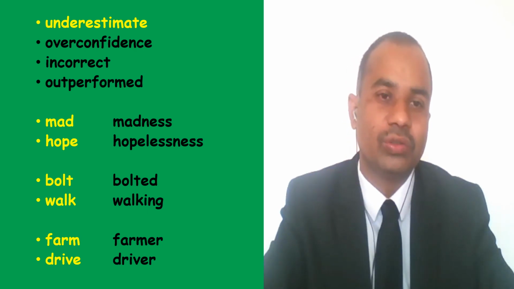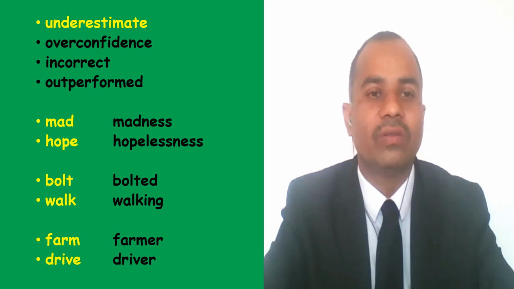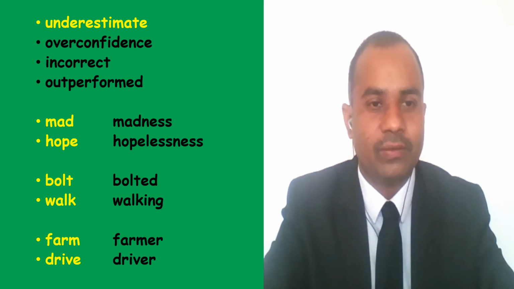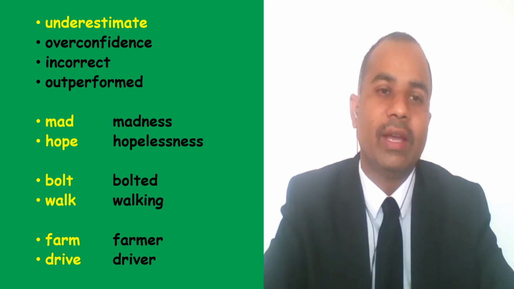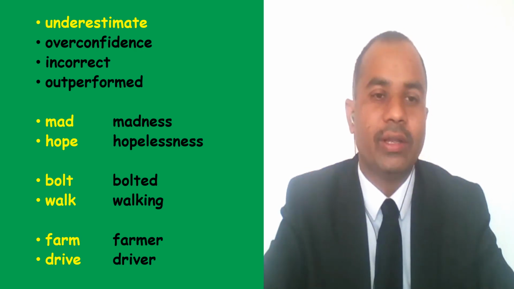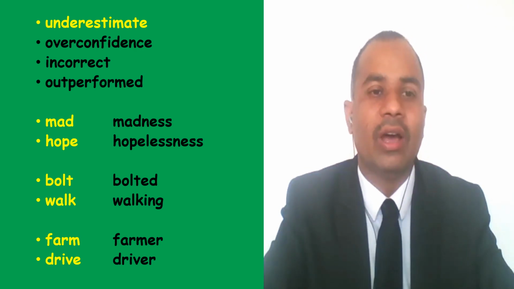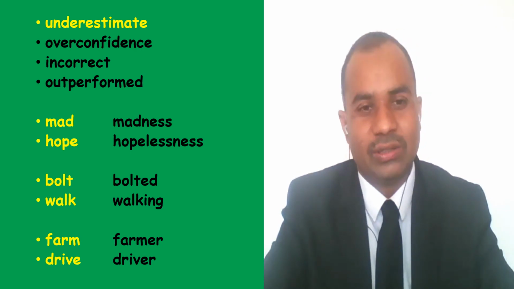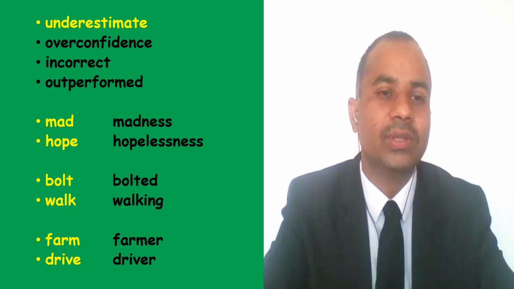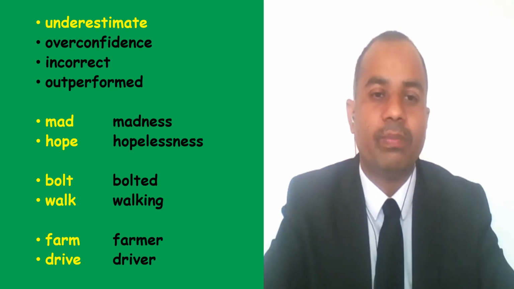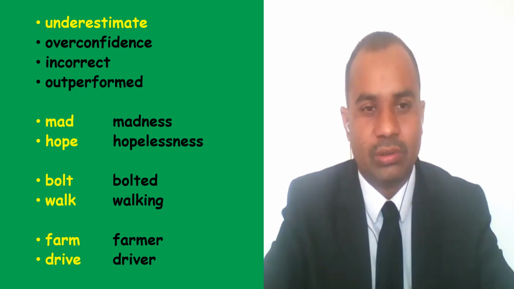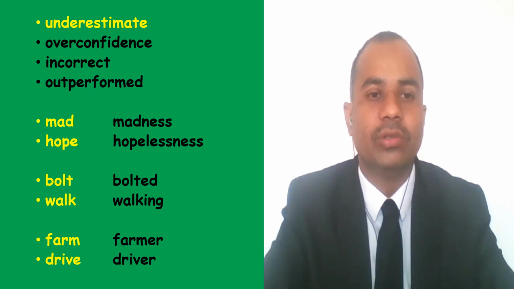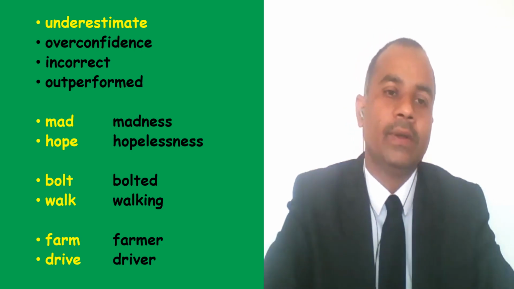You should have confidence but not overconfidence, and you must not underestimate yourself. So again, as we have under and over as prefixes, we have in and out. So incorrect is not correct or wrong, but we have outperformed, outclass, which we use in a positive sense.